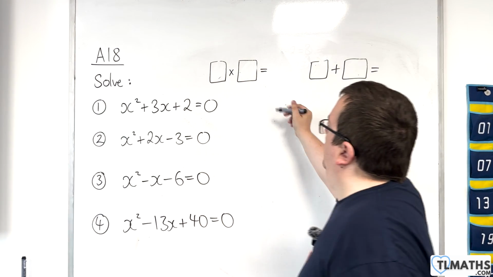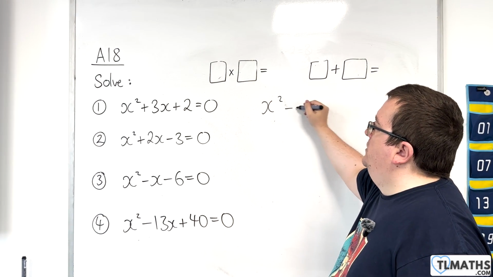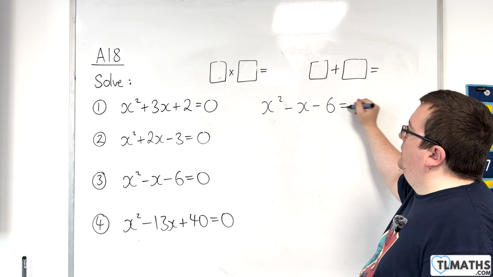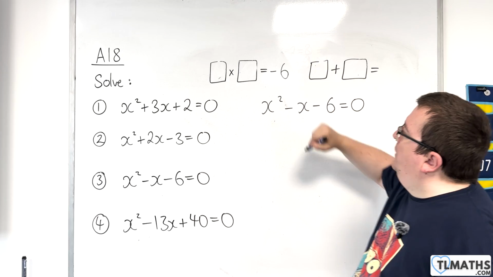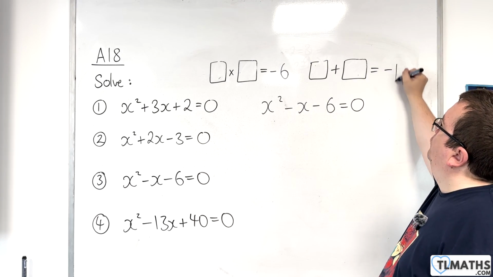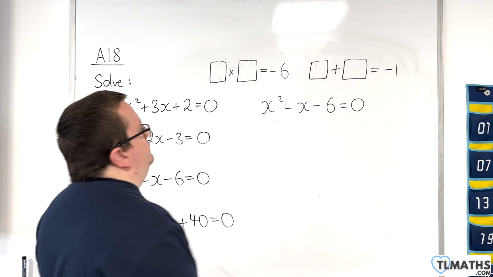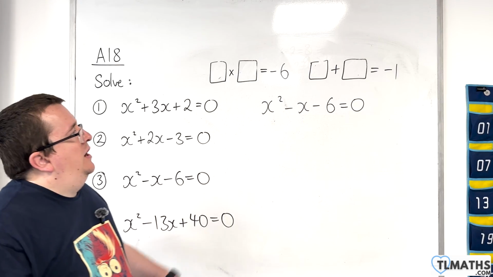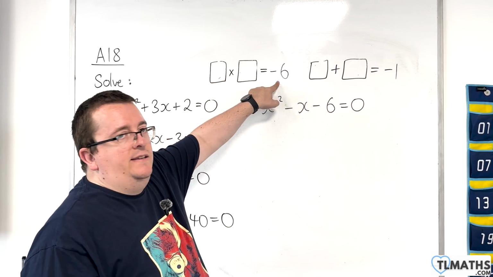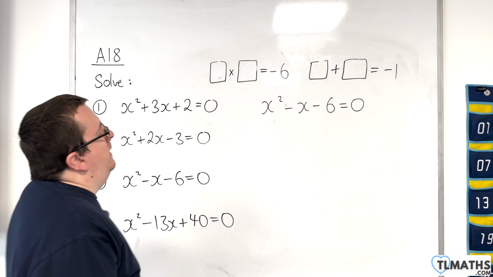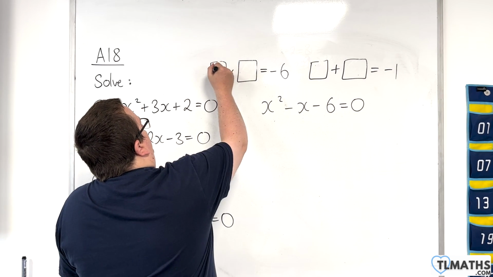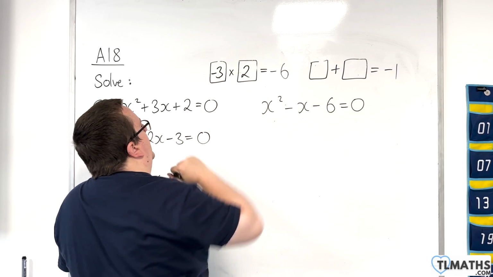So the third one, we have x squared take away x take away 6 is 0. So we want 2 numbers that multiply together to make minus 6, but add together to make minus 1. Okay, so because the result is negative, one must be positive, one must be negative. So how about minus 3 and positive 2?